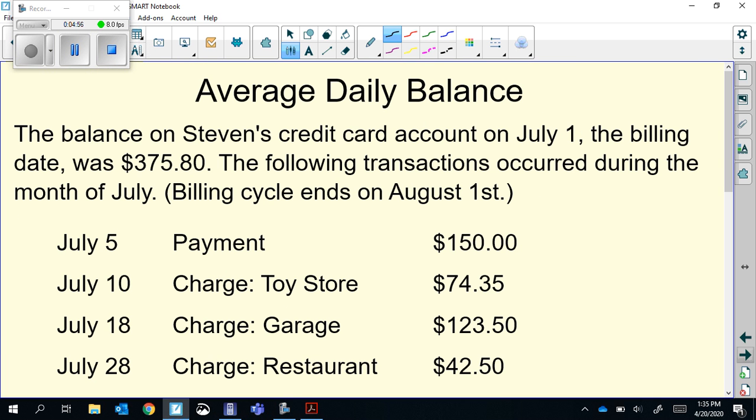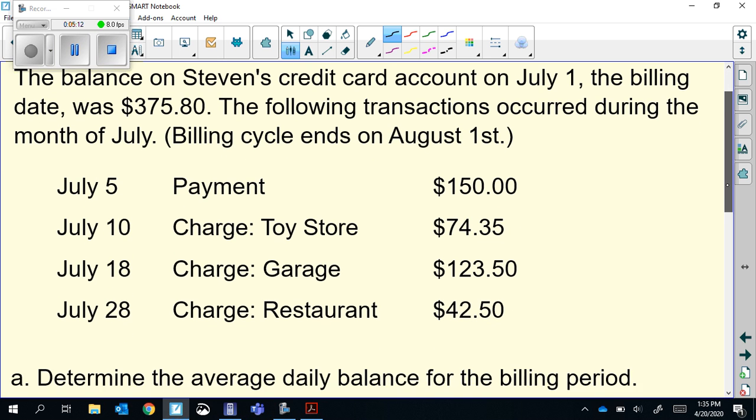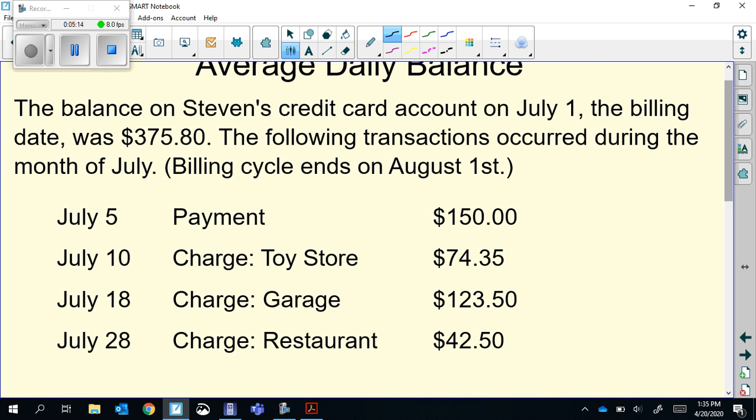All right, the balance on Stephen's credit card account on July 1st, the billing date, was $375.80, and then the following transactions occurred during the month. So it was 375.80.